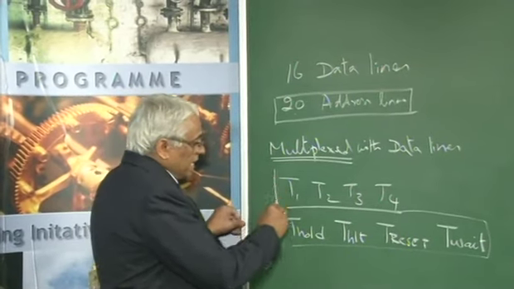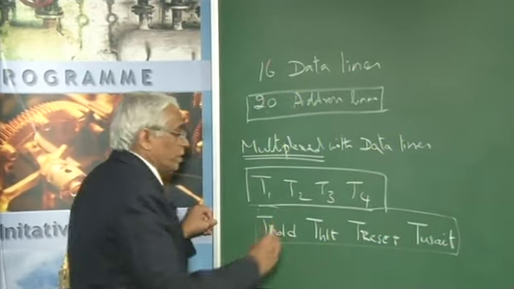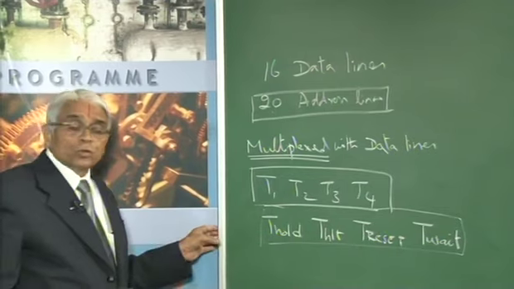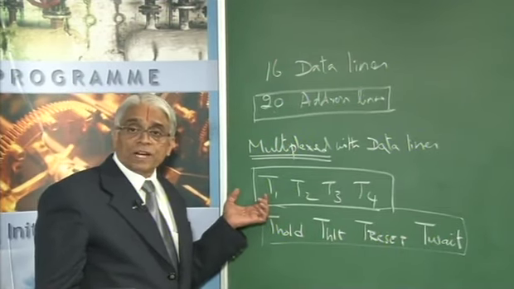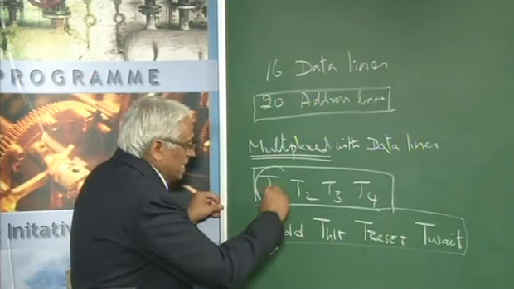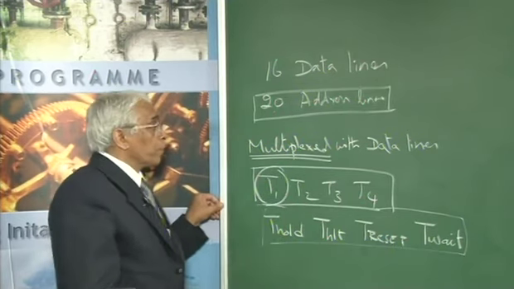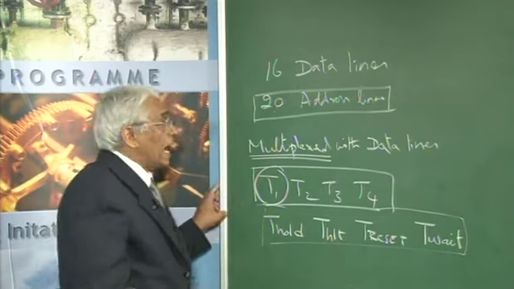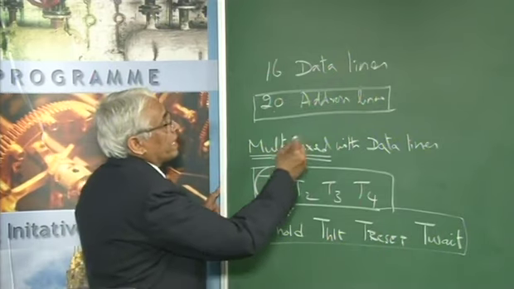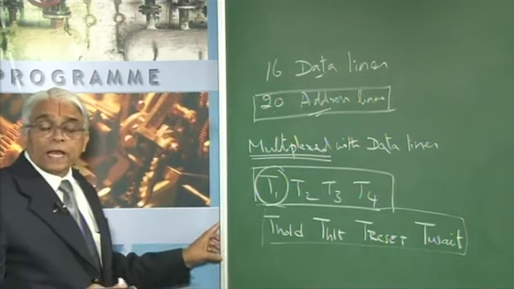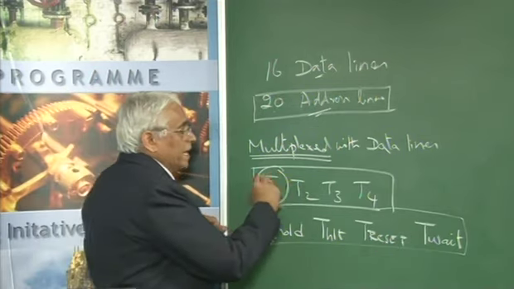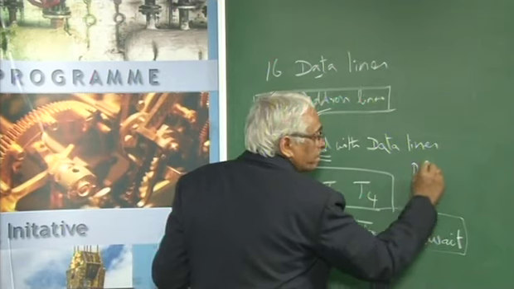Now, the T1, T2, T3, T4 are the 3-4 clock periods during which the microprocessor performs the required operation to the external world. During the T1 state, it uses the address line and data line, which we are trying to show separately, and during the T1 state it always has the address.